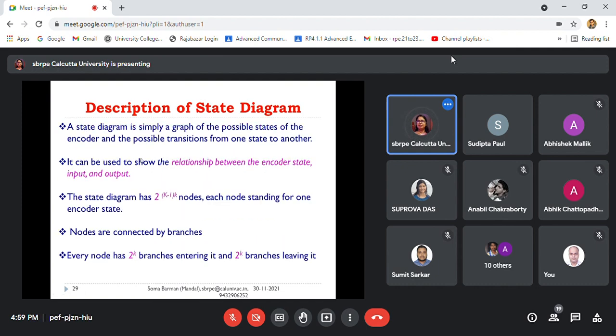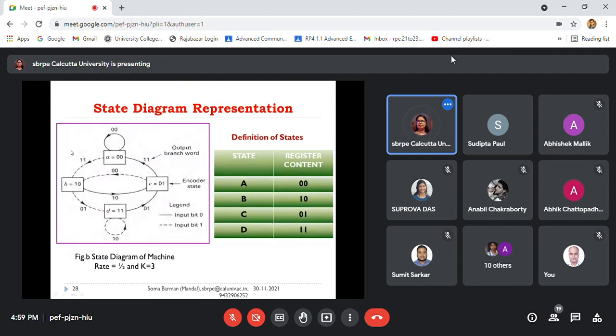So these are the output transitions. How will it be determined? It depends on the generator vector, on how the connection is made, whether the outputs U1, U2 are connected 1 1 1, or 1 0 1, or 0 1 1. So it will change depending on that connection.